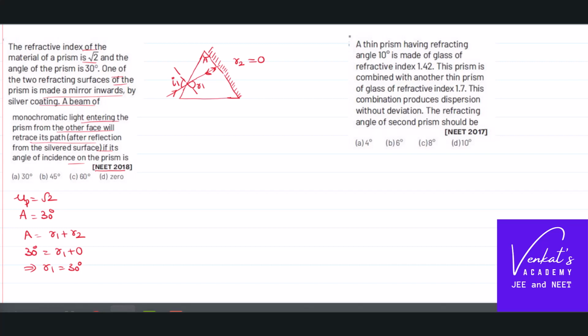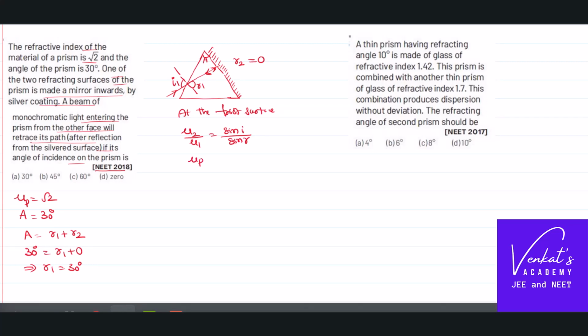Once we understood that R1 equals 30, at the first surface, I can apply Snell's law. What it says is, mu2 by mu1 equals sin I by sin R, where mu2 is where it goes, mu1 is from where it is coming, I is where it is striking in the first medium, R is refraction in the second medium.